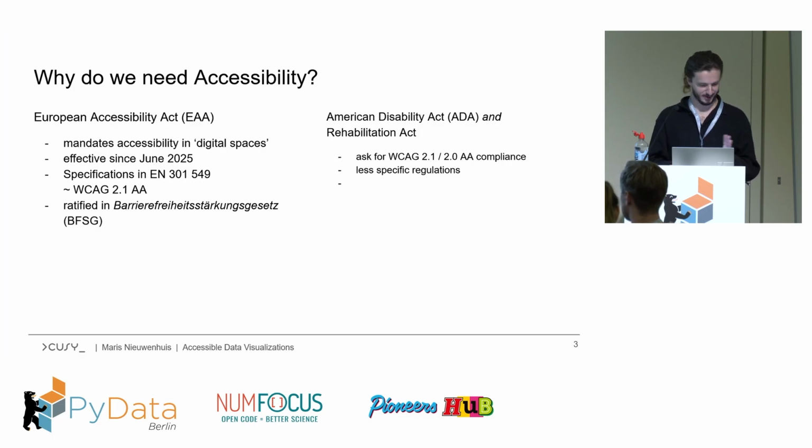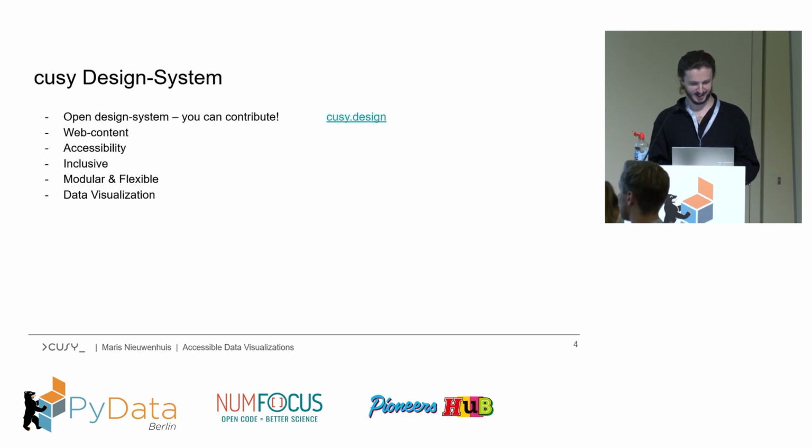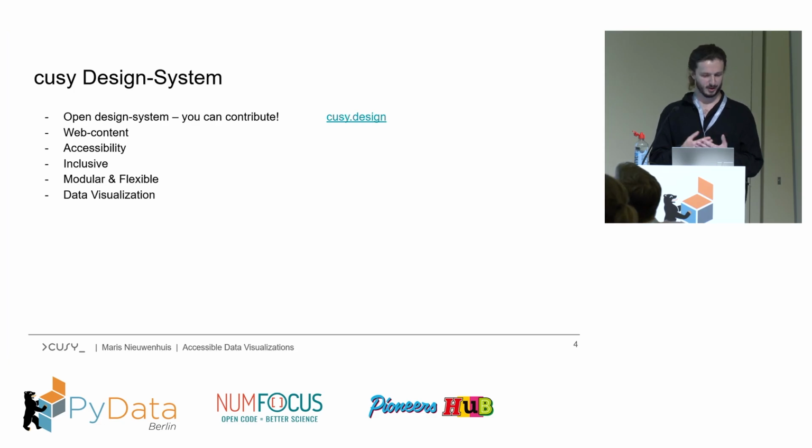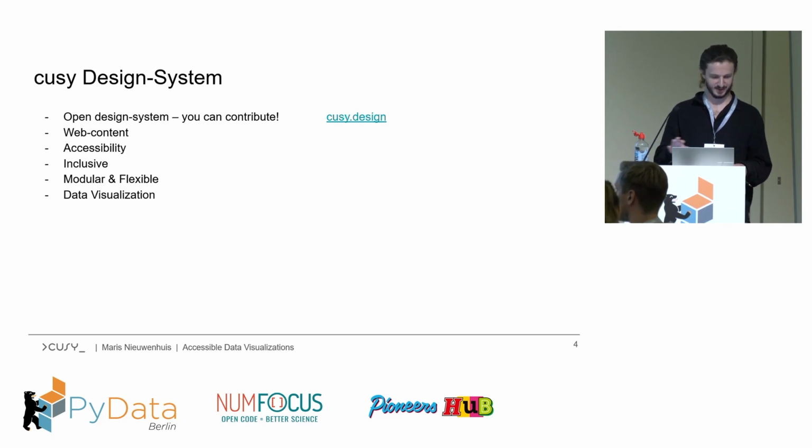Now that I scared and bored you enough, I'll talk about what I'll be presenting. We as a company publish the QZ design system. That's an open design system, open source, everybody can contribute. On the website you'll find links to how to make the fork, how to contribute your own content.